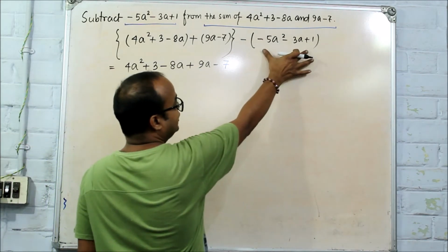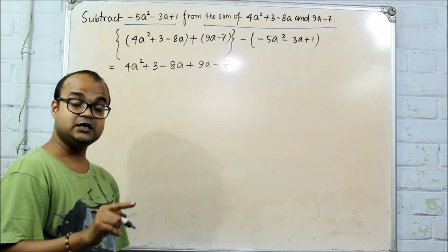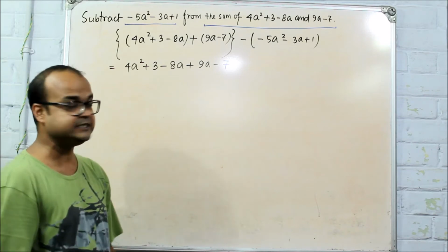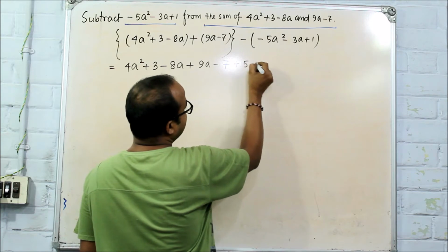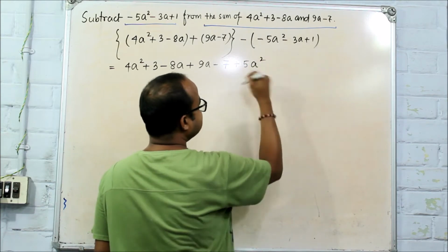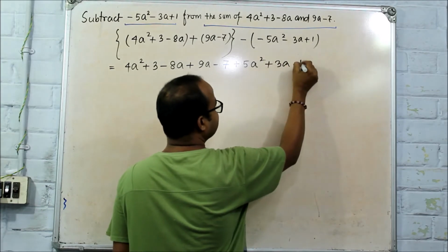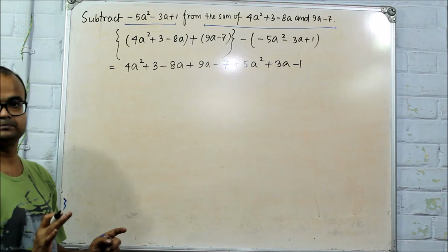Now outside the bracket a minus sign is there. Whenever a minus sign is outside the bracket, each term within the bracket will change its sign. So minus 5a square becomes plus 5a square, minus 3a becomes plus 3a, plus 1 becomes minus 1. Am I clear to everyone?